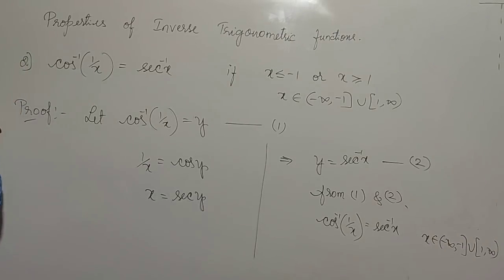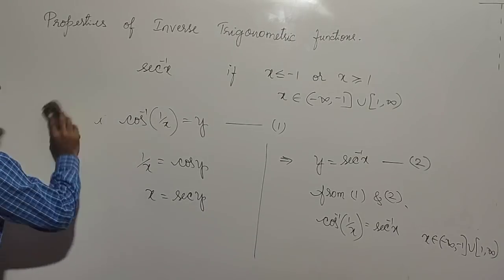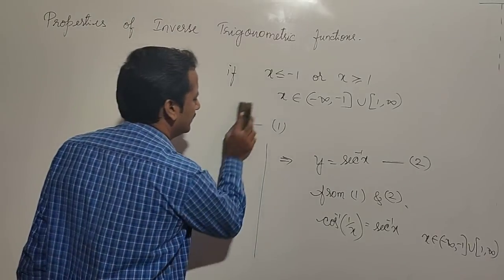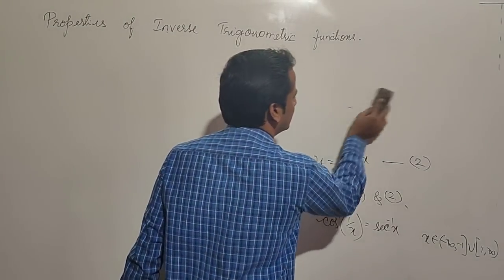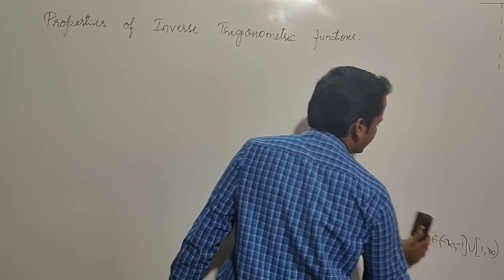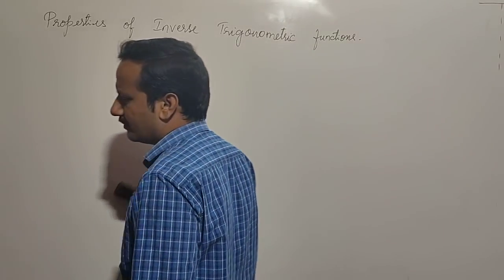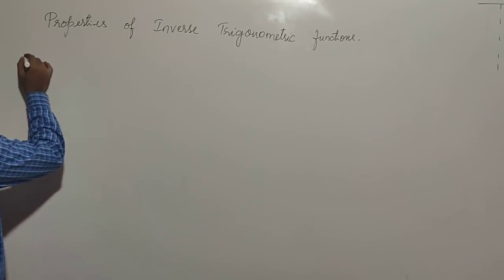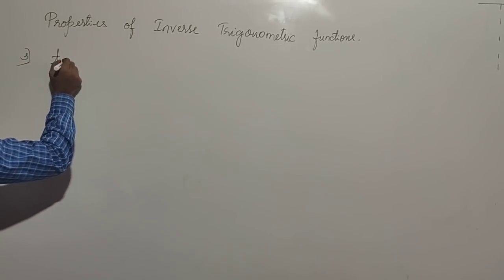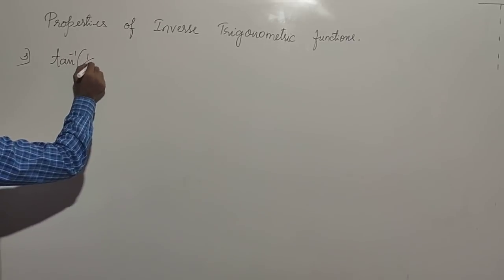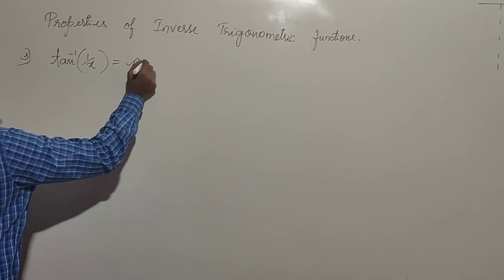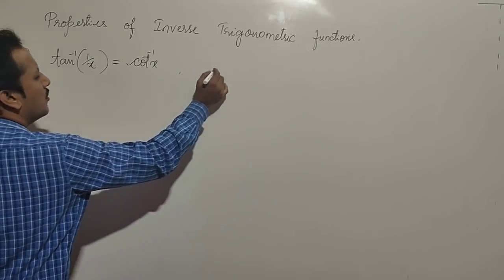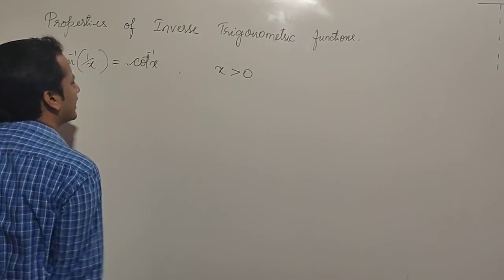Well, now let us go to the third property. Tan inverse of 1 by x is equal to cot inverse x whenever x is greater than 0.